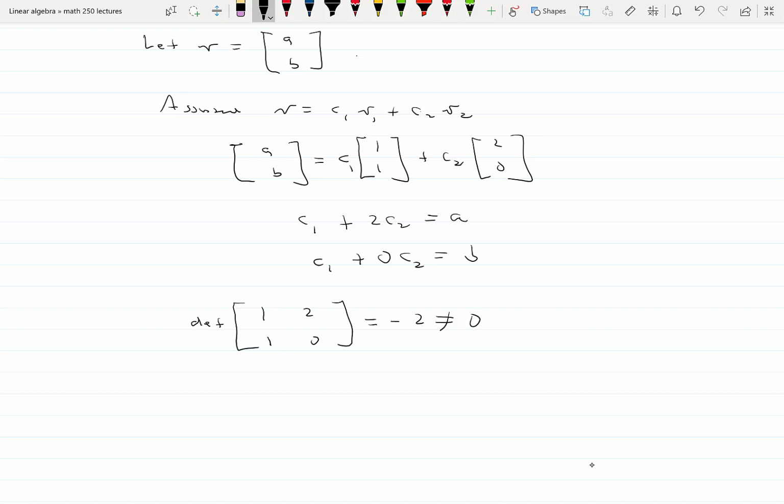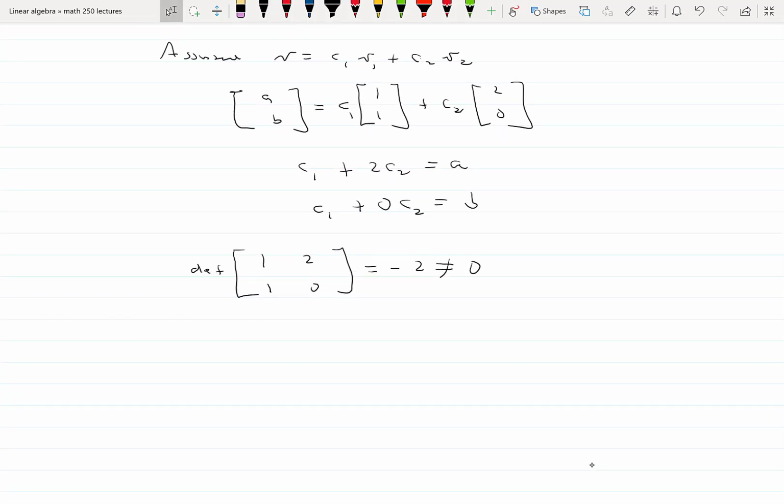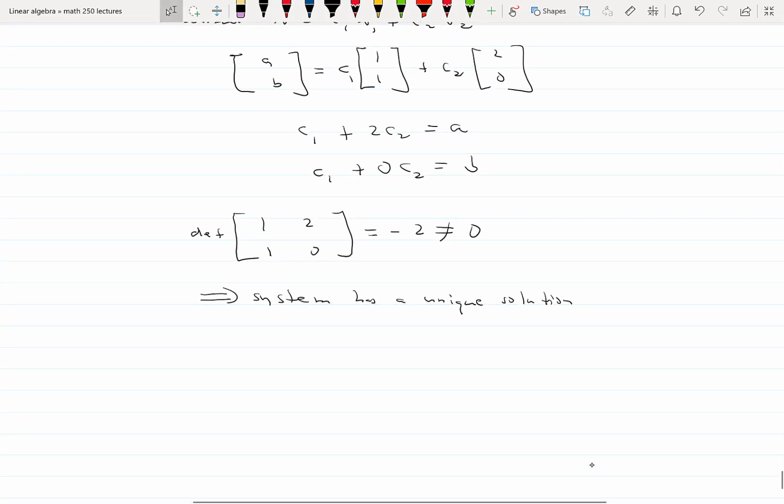So if the determinant of the coefficients is not 0, that implies, this is some theory from before, that the system has a unique solution. If you don't remember this theorem, it's okay. I'm reminding you of it, and we're going to be seeing this same process over and over again.